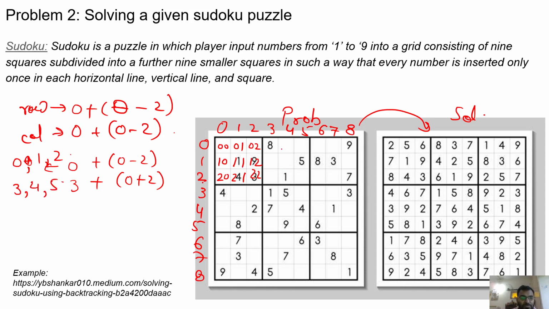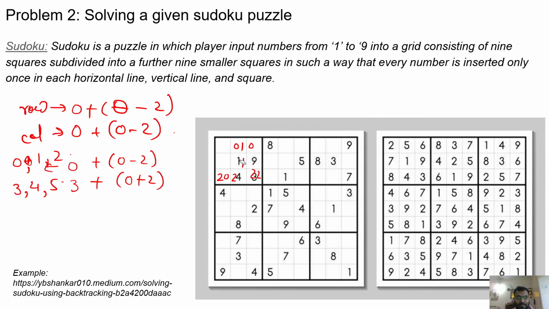If we do that, we will have all the elements in here, and this is how we can move over the elements of the Sudoku puzzle. These ideas we are going to implement in the solution of this Sudoku puzzle.